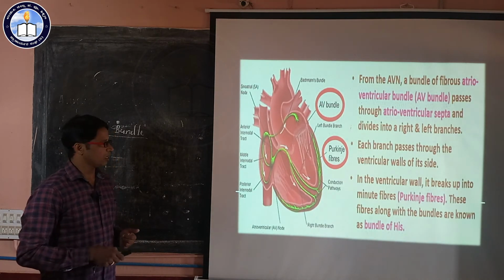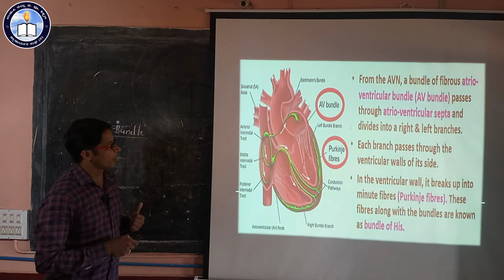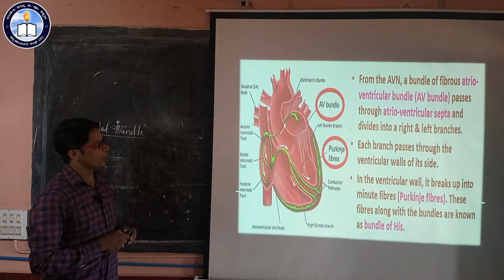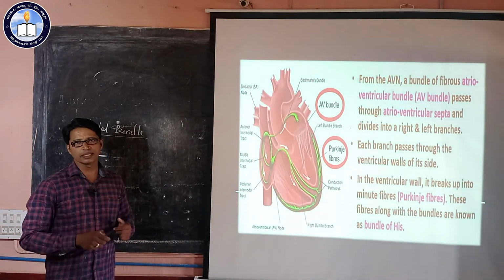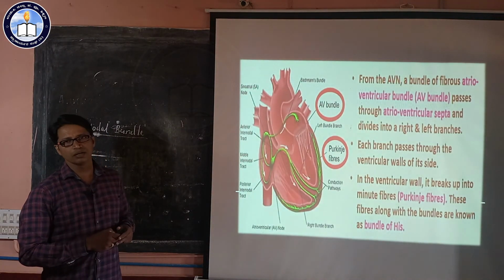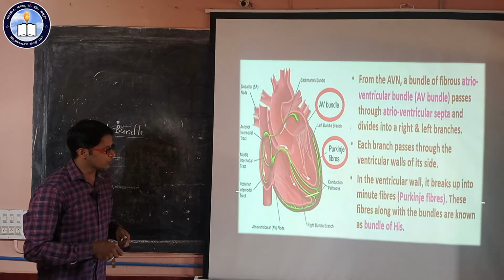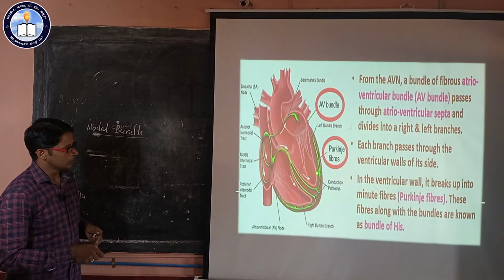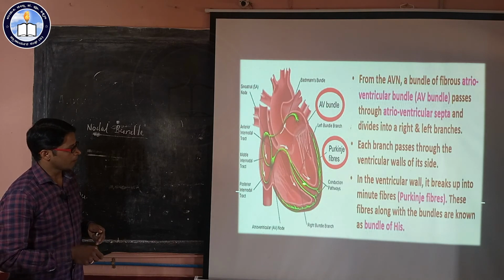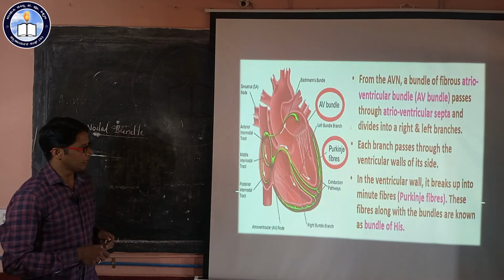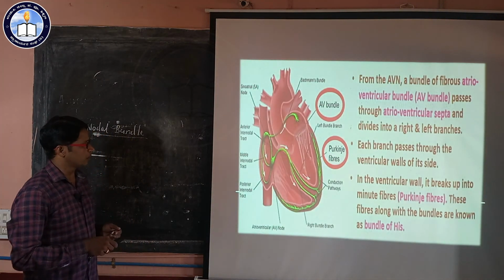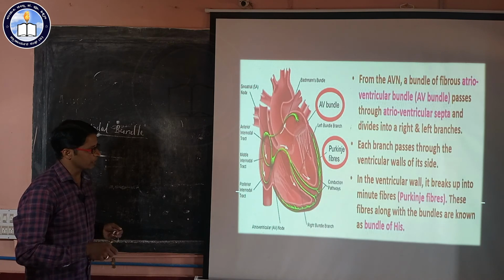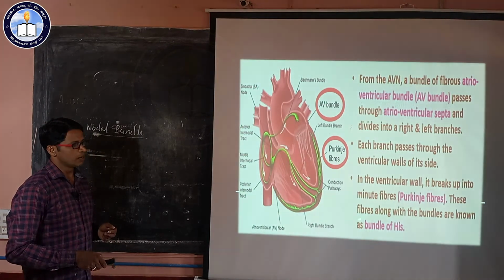The fiber-like structures that arise from each branch of the atrioventricular bundle are called Purkinje fibers. What do we call them? Purkinje fibers. And these Purkinje fibers along with the atrioventricular bundle are called the bundle of His.